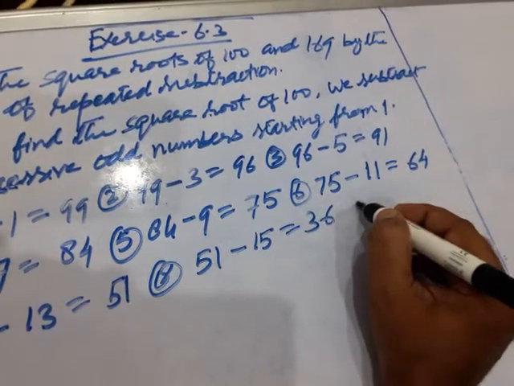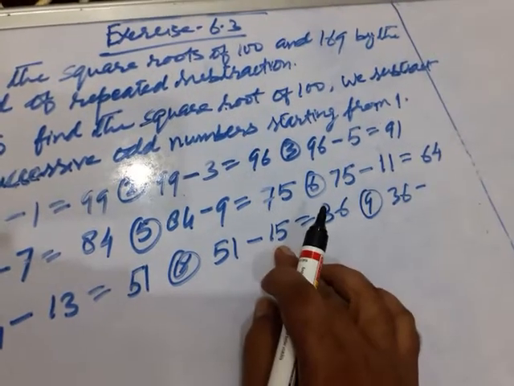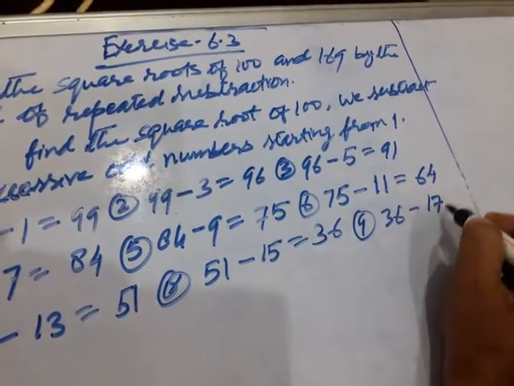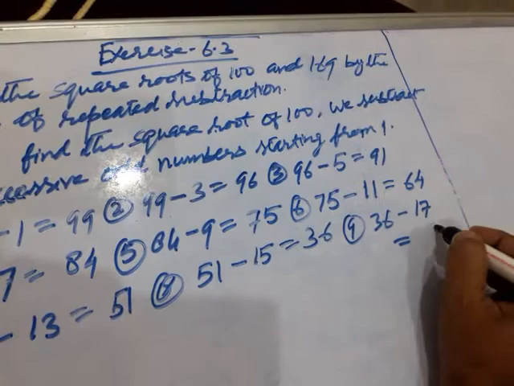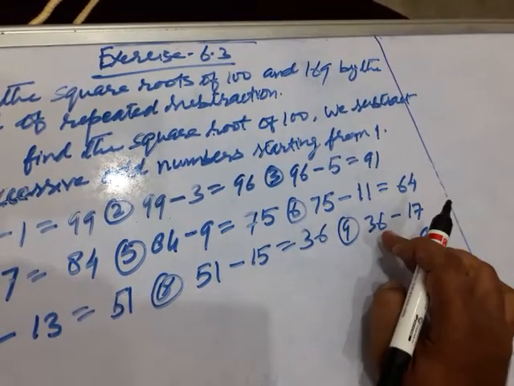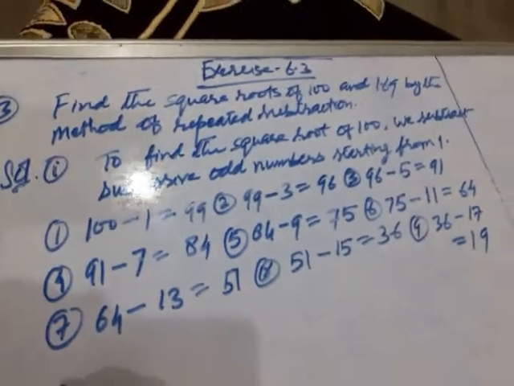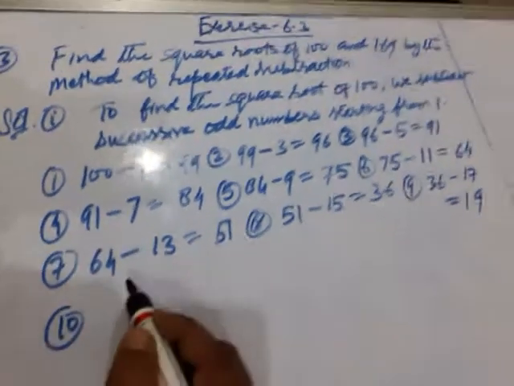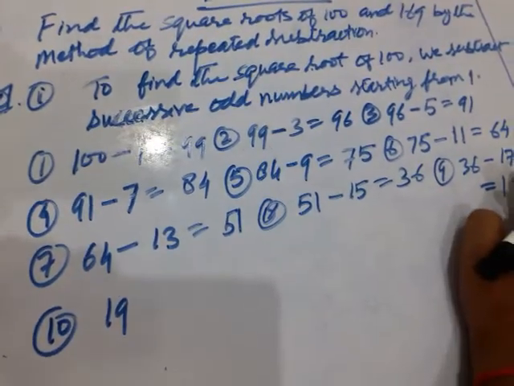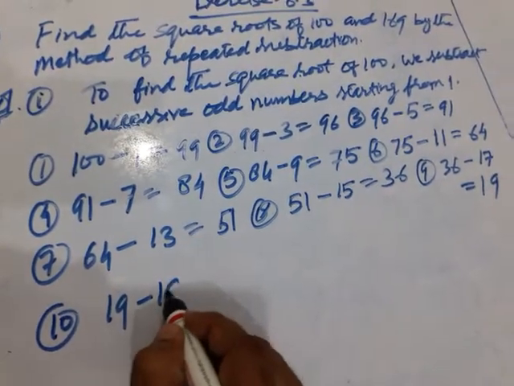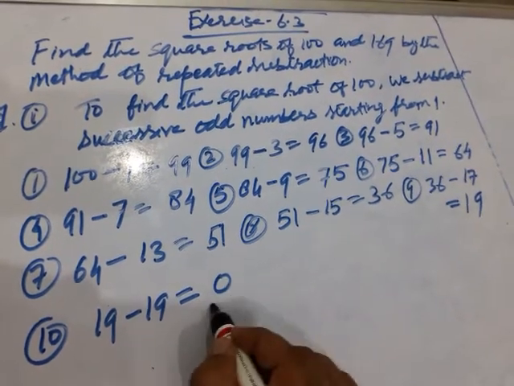Now the ninth step is 36 minus the next odd number, 17, which equals 19. Now the 10th step is 19 minus the next odd number after 17, which is 19 itself. That is 19 minus 19, which equals 0.